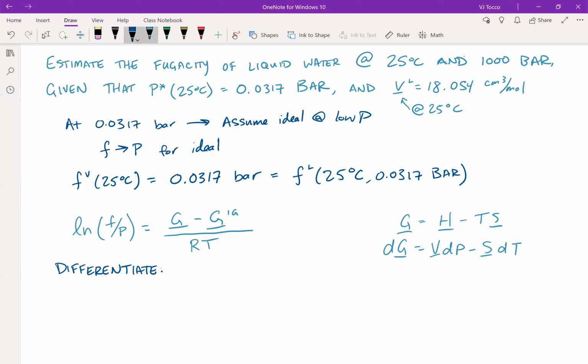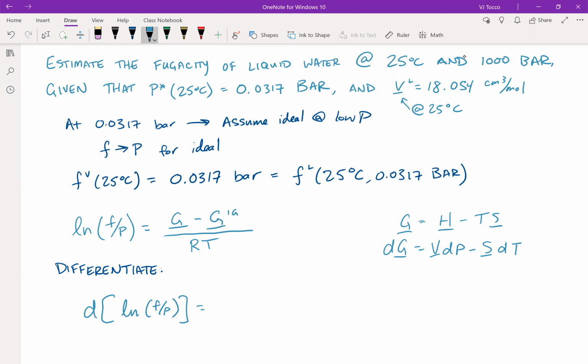Differentiate, that gets us d ln of f over p on the left-hand side is equal to, now Gibbs is going to change here, but temperature is staying constant. So for constant T, I've got 25C and 25C, so there is no temperature change.